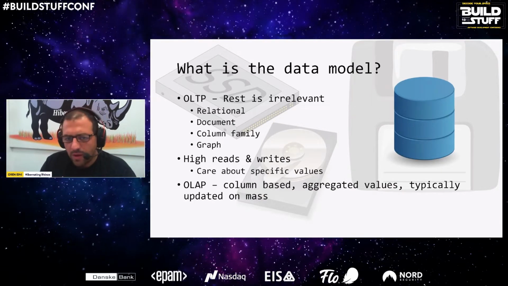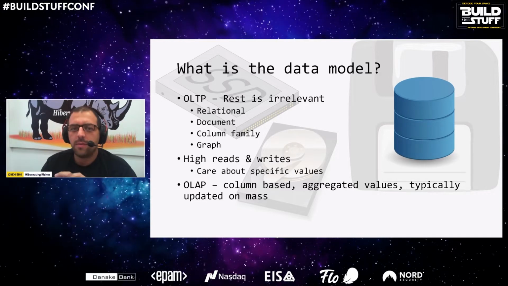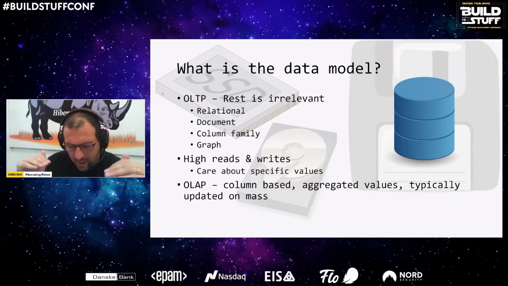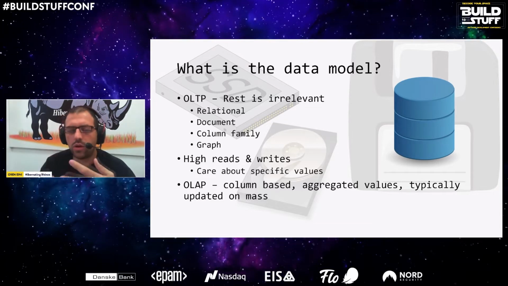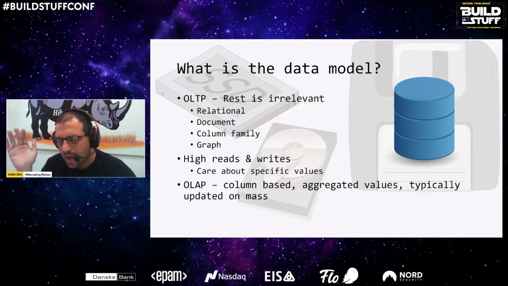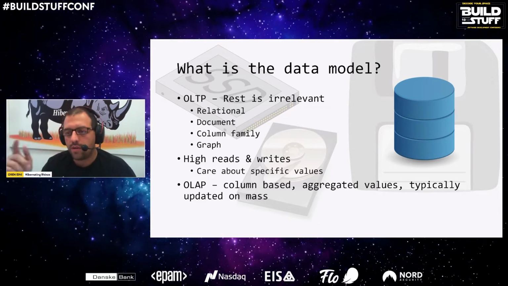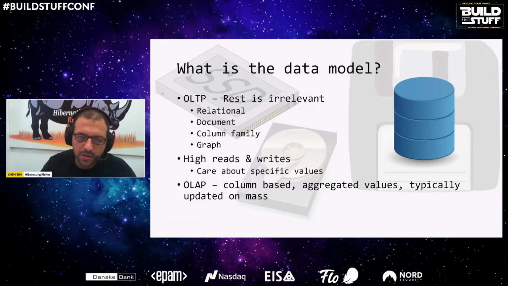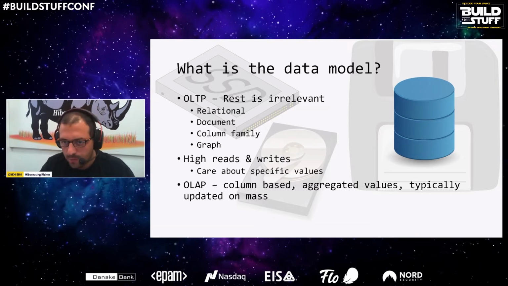So the first thing that we have to understand is that I don't actually care about the data model at the storage level. At the storage level, whether you're using relational, document, column family or graph, everything is more or less the same. It's interesting to note that the choice of data model can have an impact on the way that you utilize your storage.